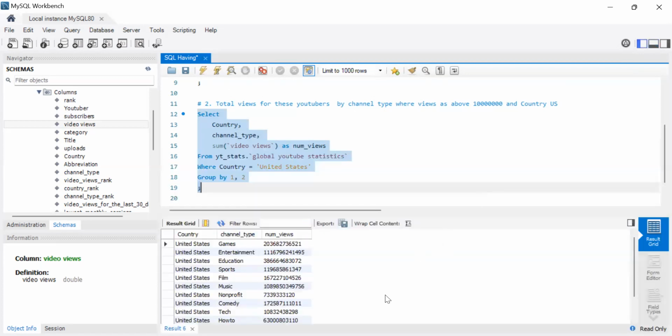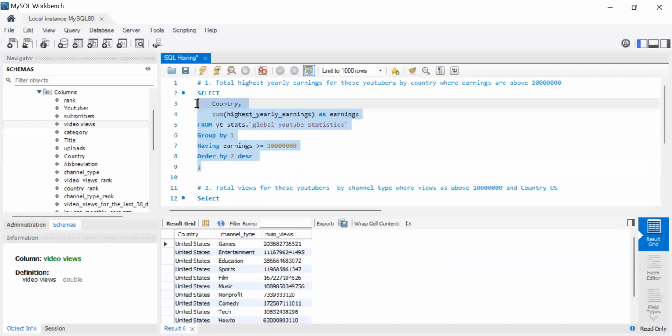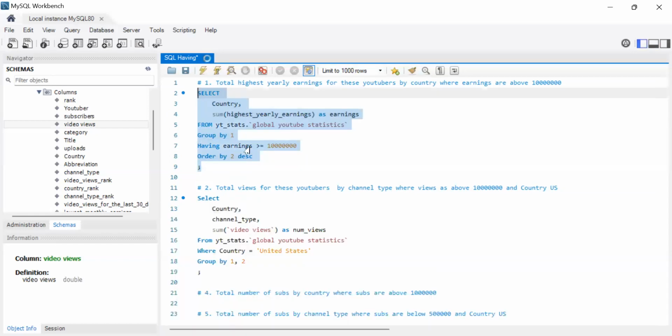Okay, so as you can see, we grouped it by country, but it's all the same country. And if we had selected two countries, which country can we select? Let's run this and see which other country we can select.